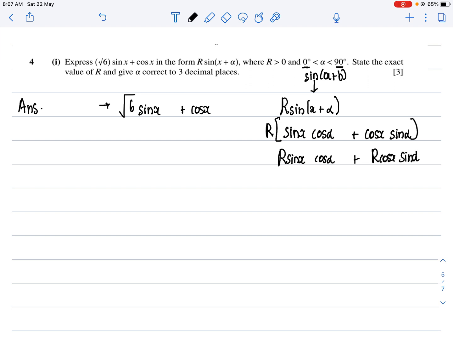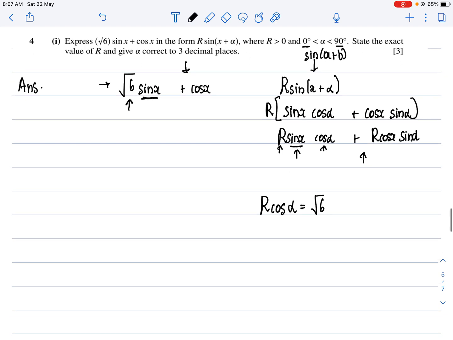Both of these are equal, so I can simply compare. I have a sin x here and a sin x here. The coefficient of sin x here is r cos alpha, which is equal to the coefficient of sin x here, which is root 6.